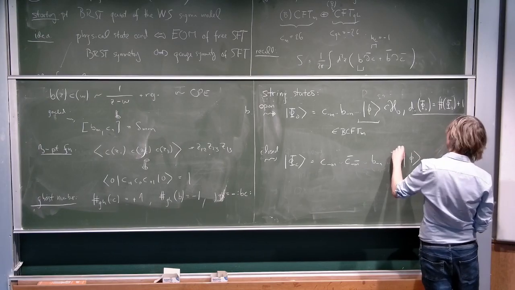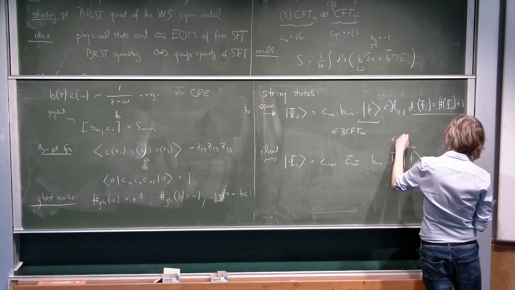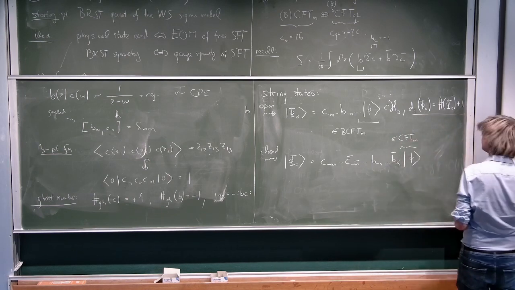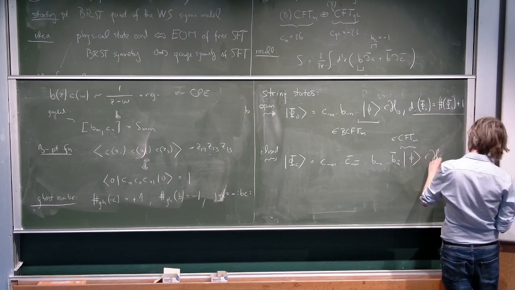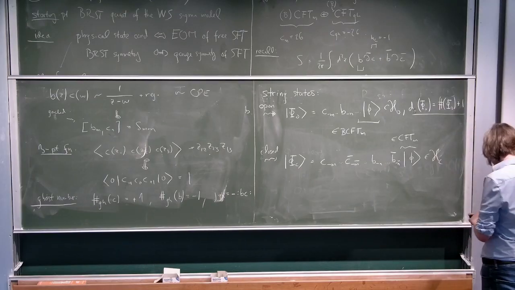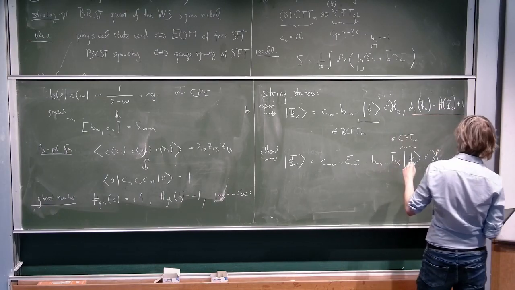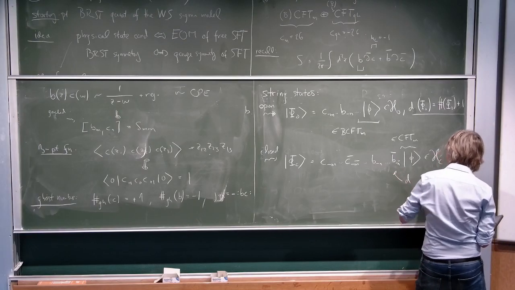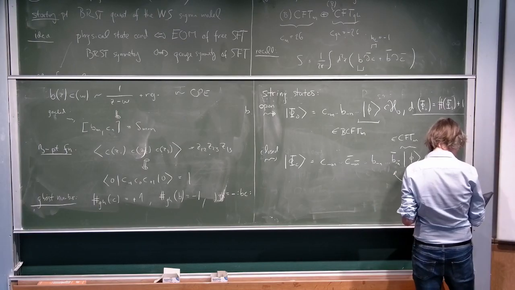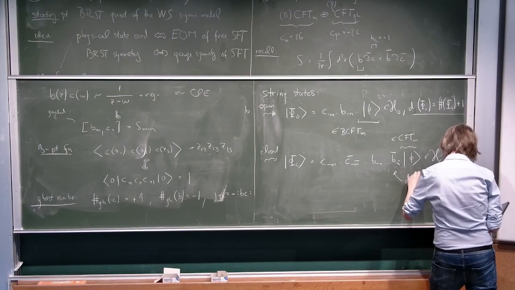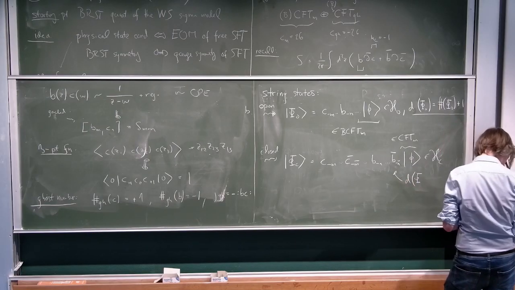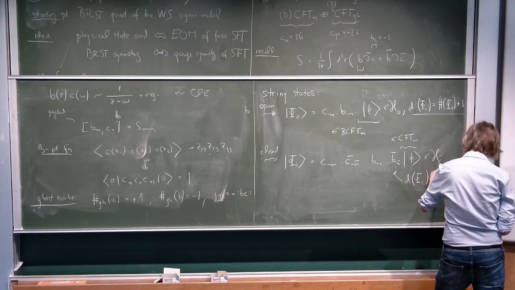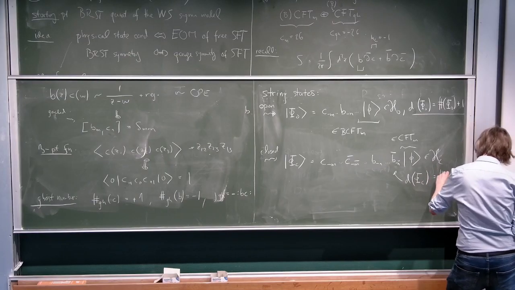And now this state phi is a generic state in CFT matter, primary or descendant, whatever. And similar to the open string case, we will assign a particular grading to these states. And for the closed string, that will be just the ghost number, with no +1.